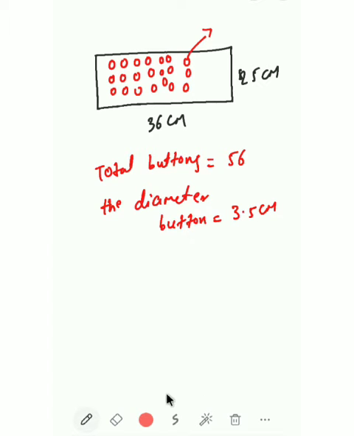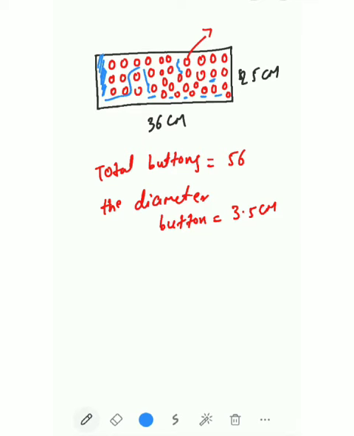After cutting these buttons, we have to find the remaining area. I'm shading that part with blue color. We have to find this remaining part's area.